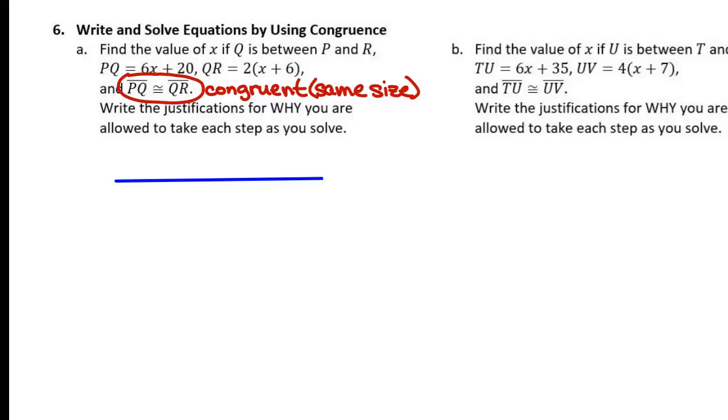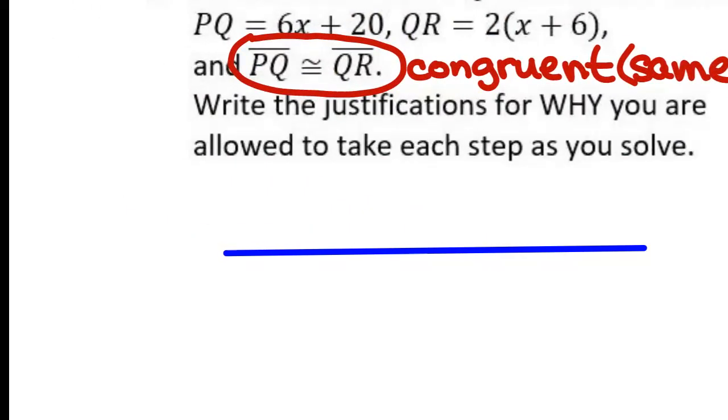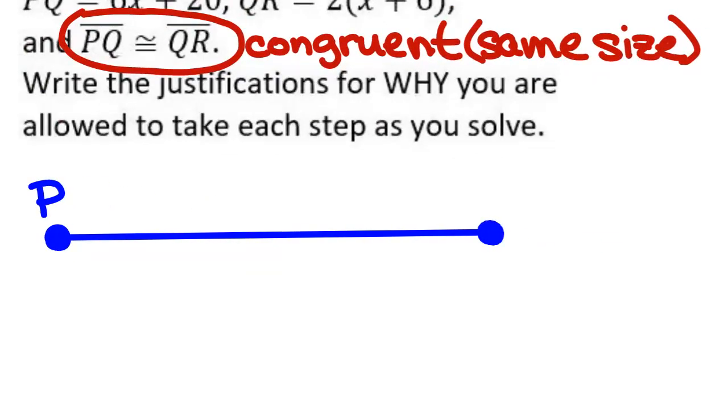It says Q is between P and R. So I have P on one side. I have R on the other side. It says that Q is between them, and I'm being careful putting it at exactly the halfway point this time because, remember, PQ, the distance from here to here, is congruent to QR.